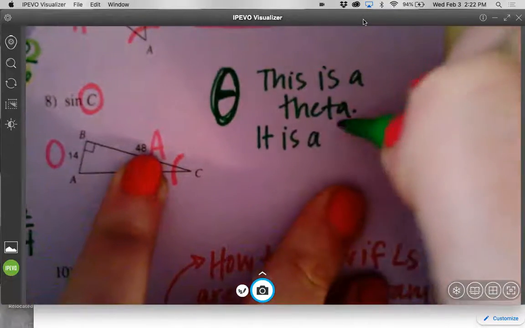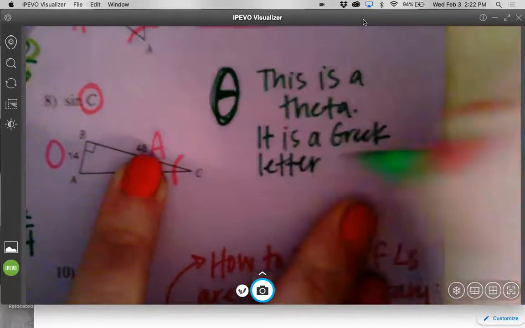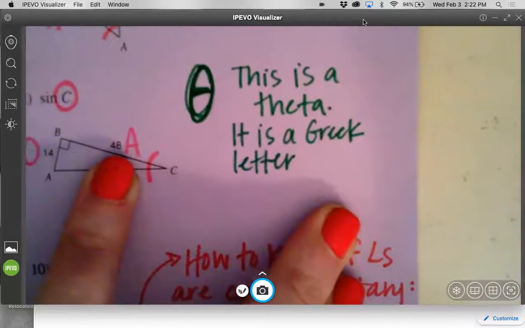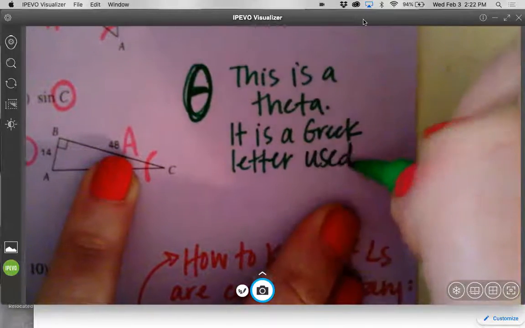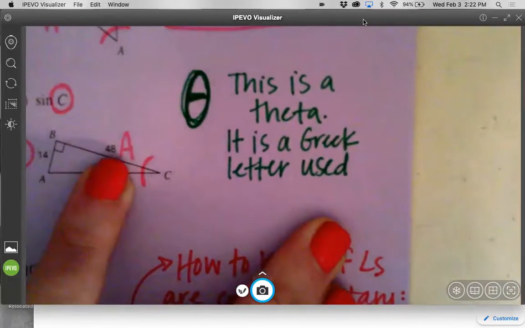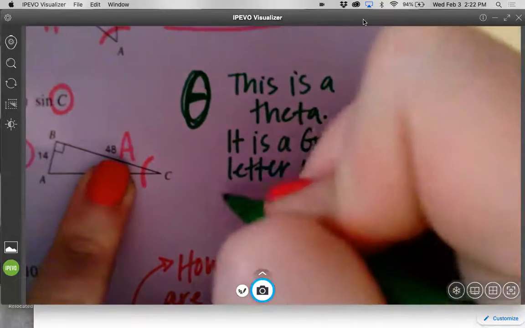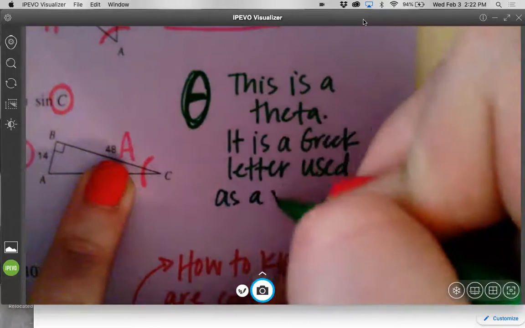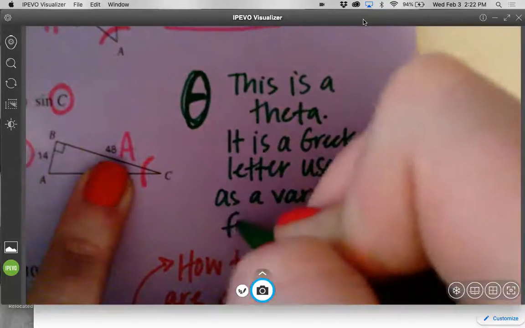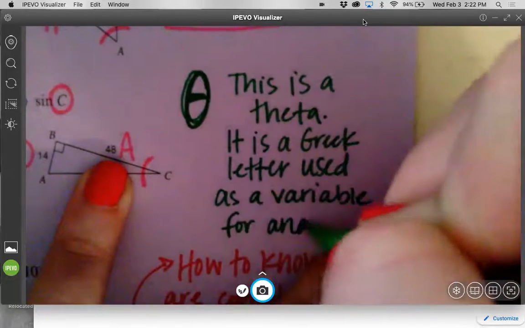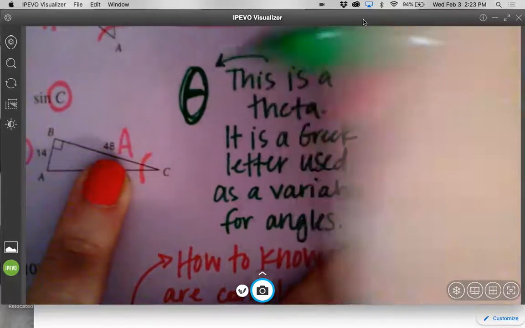It is a Greek letter, just like that. It's the name of a letter, used as a variable for angles. Okay, now pi was real weird when you saw it the first time too.